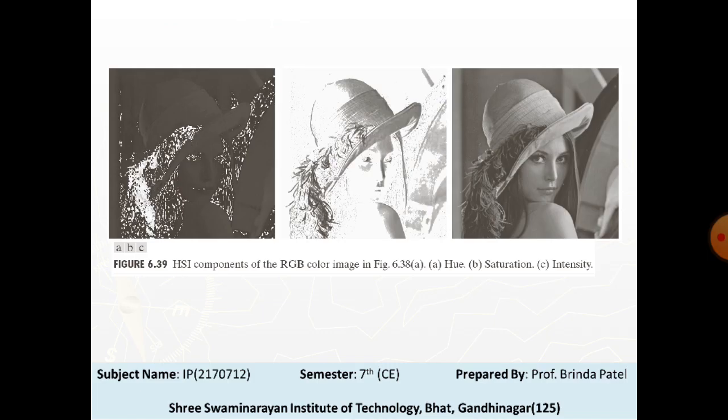An important advantage of the HSI model is that it decouples intensity and color information. This makes it suitable for many grayscale processing techniques and suggests that it might be more efficient to smooth only the intensity component of HSI. To illustrate the merits or consequences of this approach, we next smooth only the intensity component, leaving the hue and saturation components unmodified, and convert the processed result into an RGB image for display.